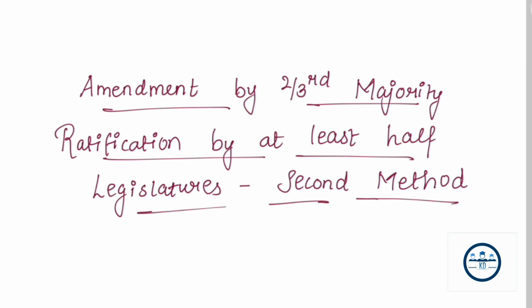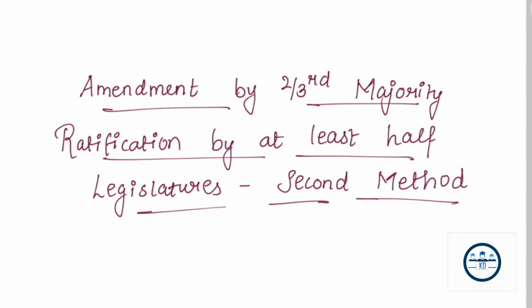Secondly, after this, the amendment bill has to secure ratification from at least half of the several state legislatures, now at least 14 state legislatures. Only then it gets finally passed and incorporated as a part of the Constitution when the President puts his signature on the bill. The following provisions of the Constitution can be amended by the rigid method.